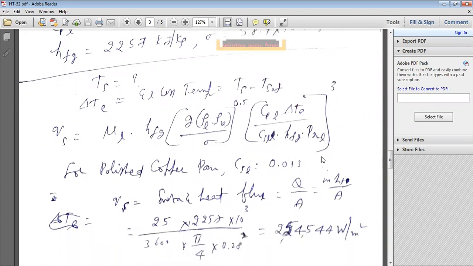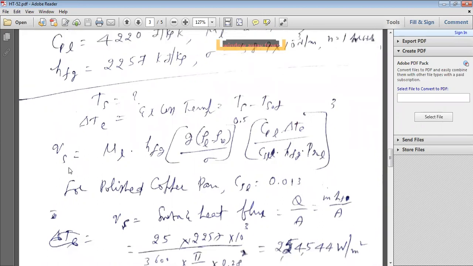For nucleate boiling, I have given the formula for the surface heat flux: Qs equals mu L times hfg times the square root of g(rho L minus rho V)/sigma, times the bracket of Cpl times delta T excess divided by Csl times hfg times Prandtl number to the power n, where n is 1, the whole cubed.